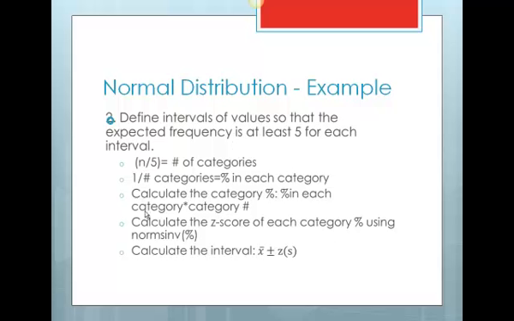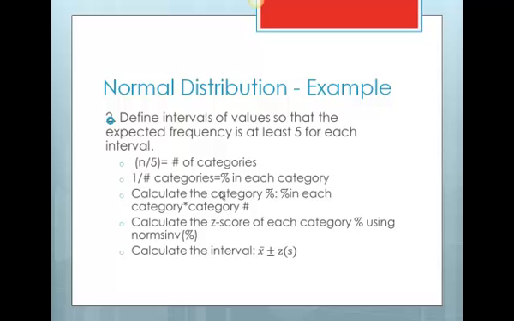Then, to find the percentage in each category, you take 1 over the number of categories. Why 1 divided by? Well, we're looking at the standard normal distribution, so the area under the curve is 100%. So 1 divided by the number of categories will give you the percentage in each category.